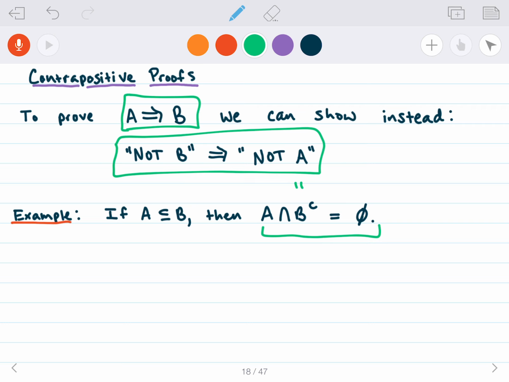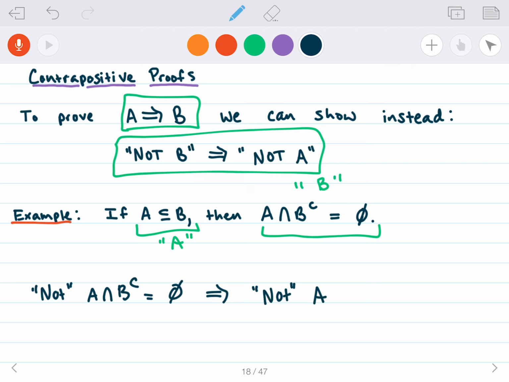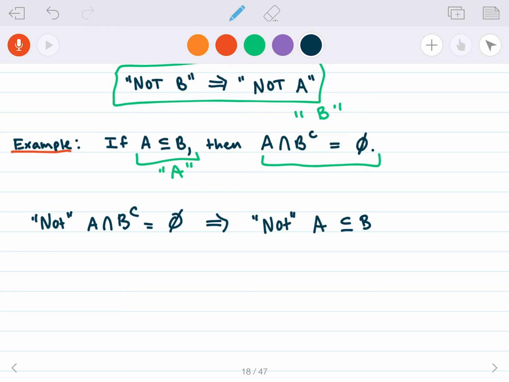So this is our B, and this is our A. And so to show the contrapositive, we want to show, let's just write this off to the side, we want to show not (A intersect B complement equals the empty set) implies not (A is contained in B). So in other words, A intersect B complement is not the empty set implies that A is not contained in B. Let's write that out.